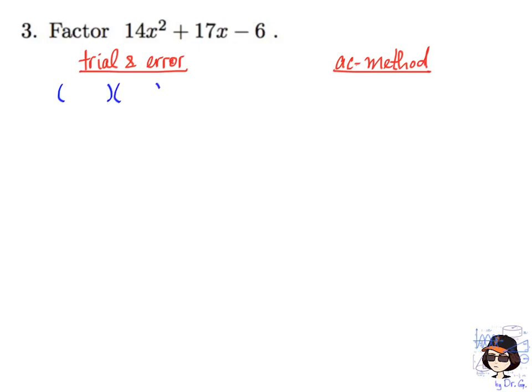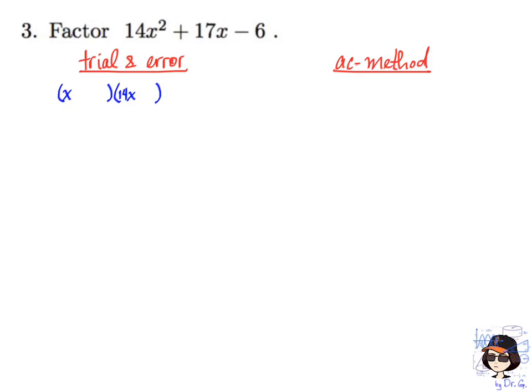So we start by setting it up. It's going to be 2 binomials, and the first term in each binomial, the 2 terms, have to multiply together to be 14x squared. So there's a couple different possibilities there. One is that it's x and 14x, okay?